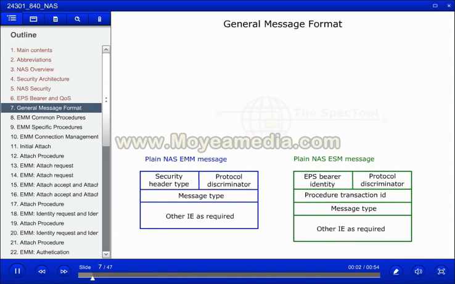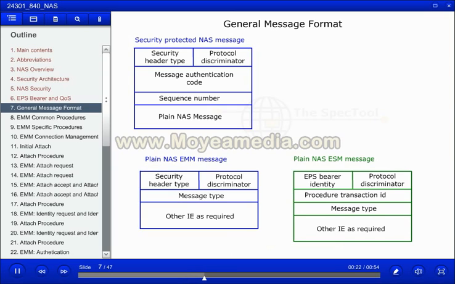These are the plain NAS messages generated by EMM or ESM. The plain NAS message indicates which procedure is carried out, for example, the tracking area update. This is the security NAS message, indicating if the plain NAS message is security protected or not.